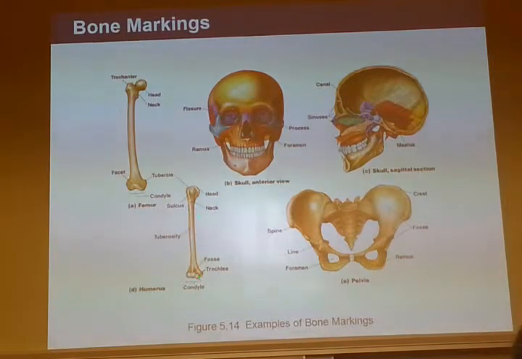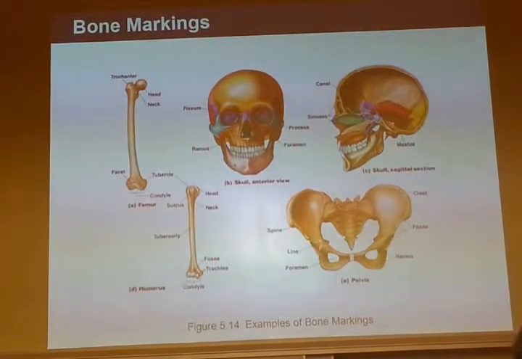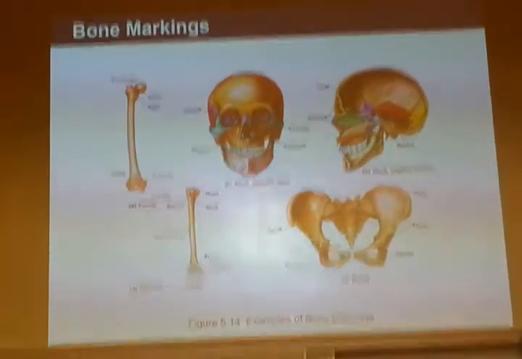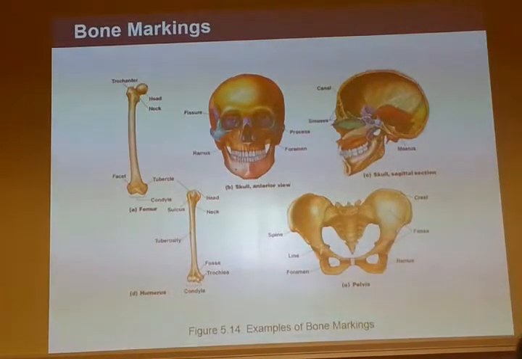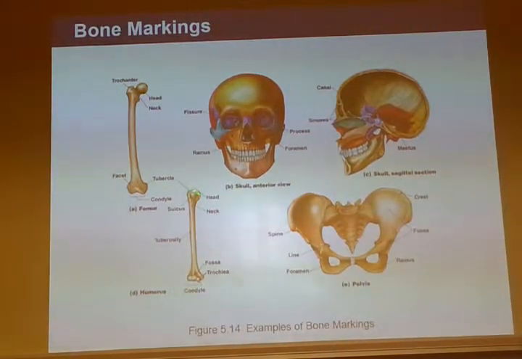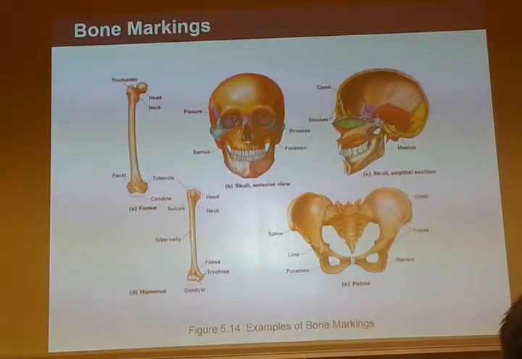So shaft of the bone, where muscles attach and pull on the shaft, you have a tuberosity. Where muscles pull on the end of the femur, you get a tubercle. And here, the proximal end or the distal end, we've got two tubercles labeled.